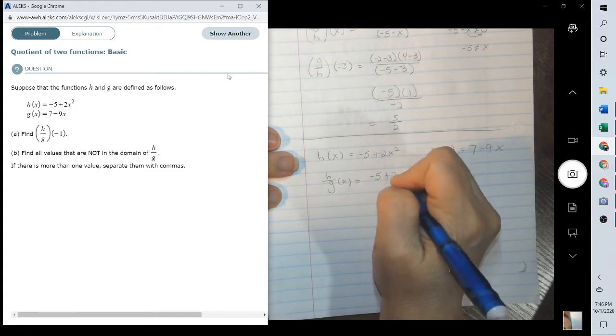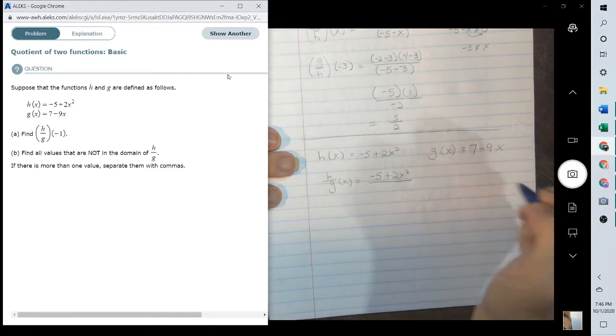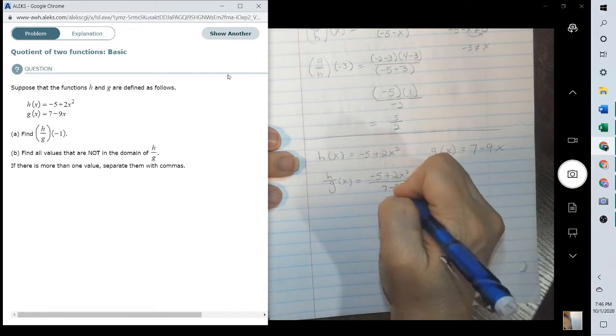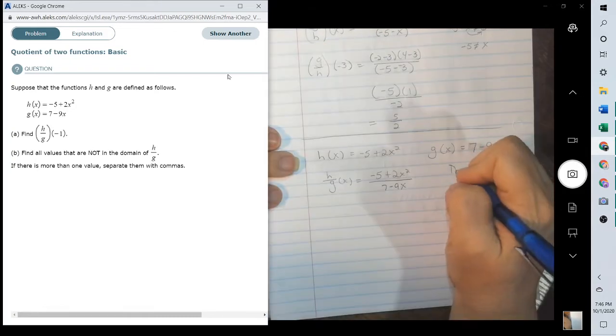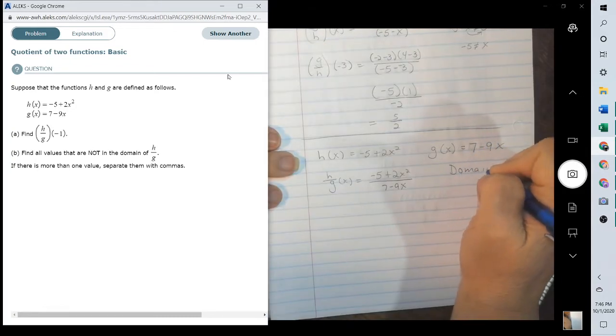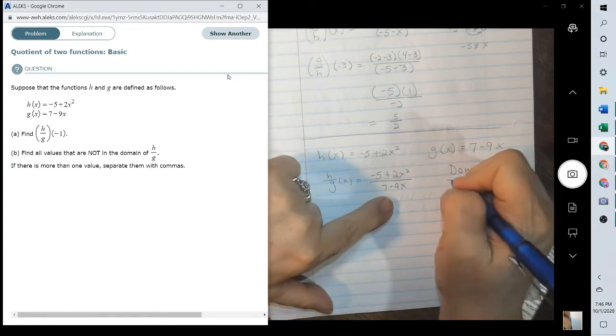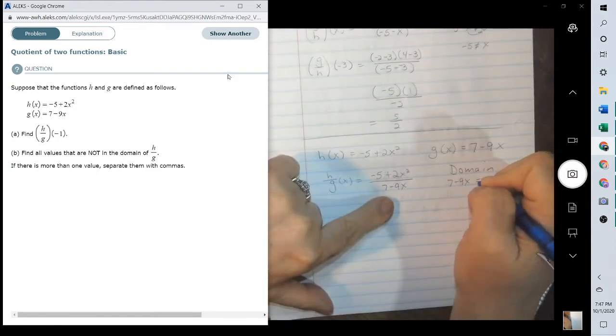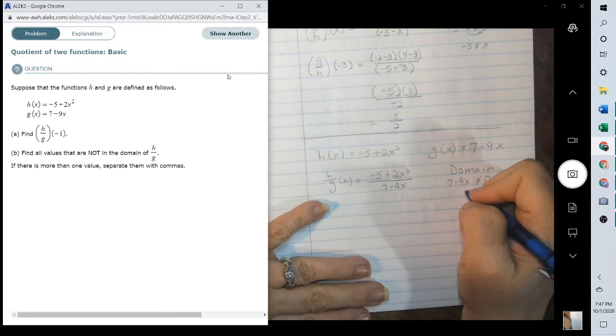Negative 5 plus 2x squared over 7 minus 9x. So to find the domain, we take the denominator. It cannot equal 0.